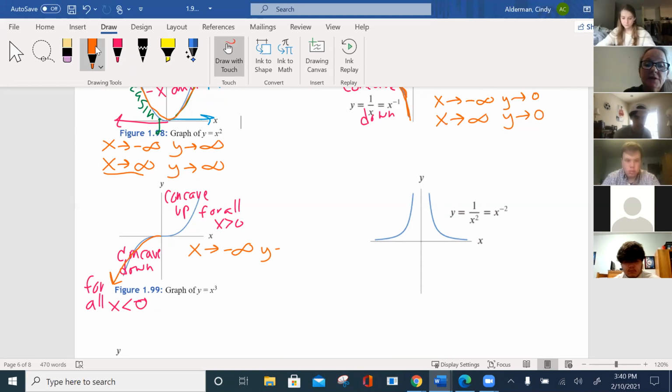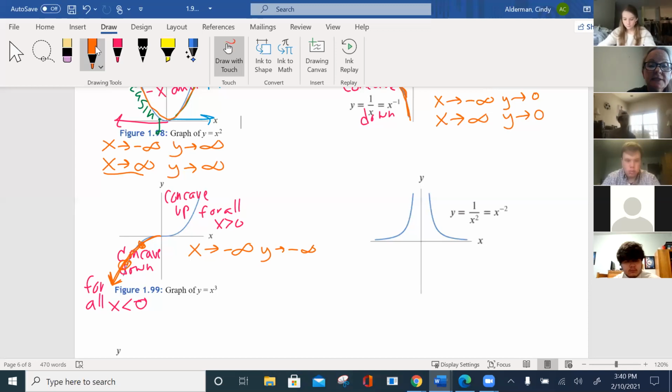Yeah, definitely. So you say that y goes to negative infinity. Notice if you think about points on this curve, this point has a negative x value, and this one has a negative x value, but it's also going down. So the y value is decreasing from this point to this point.